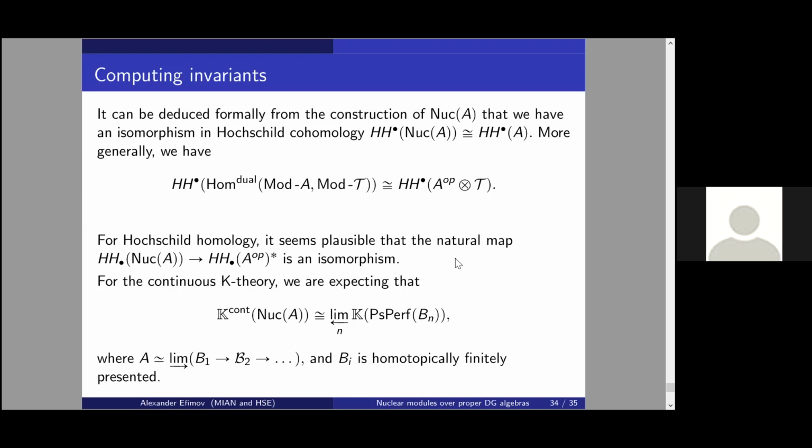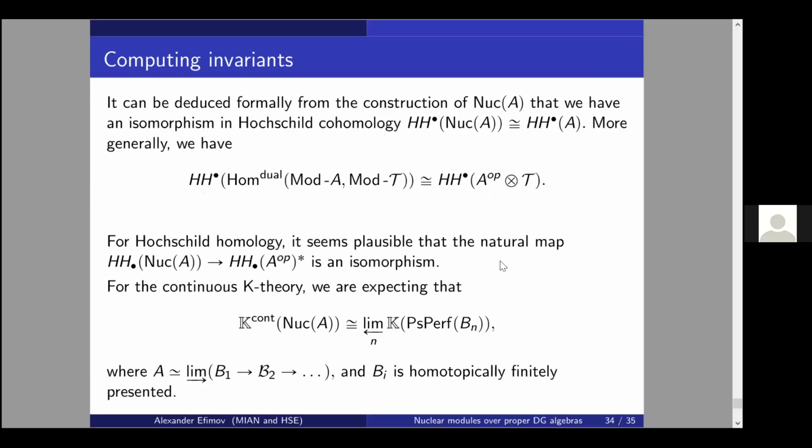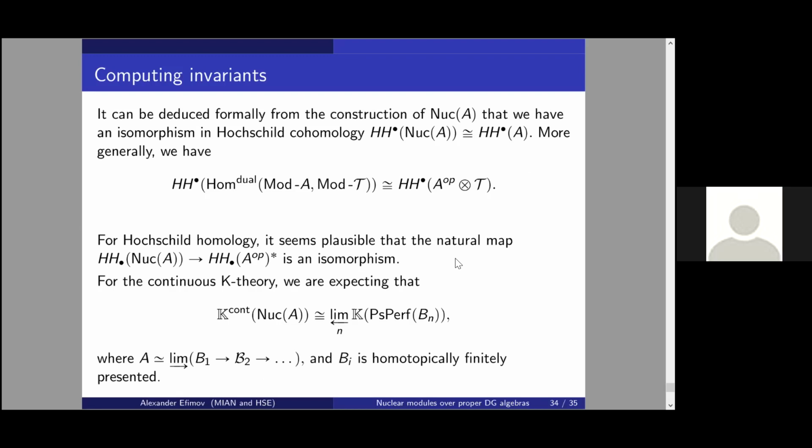And again, to figure out whether this holds, one needs to understand better how to construct and approach these nuclear categories, how to express them in some reasonable way. So I don't have a clear understanding of this whole picture at the moment, but it seems like this might work.